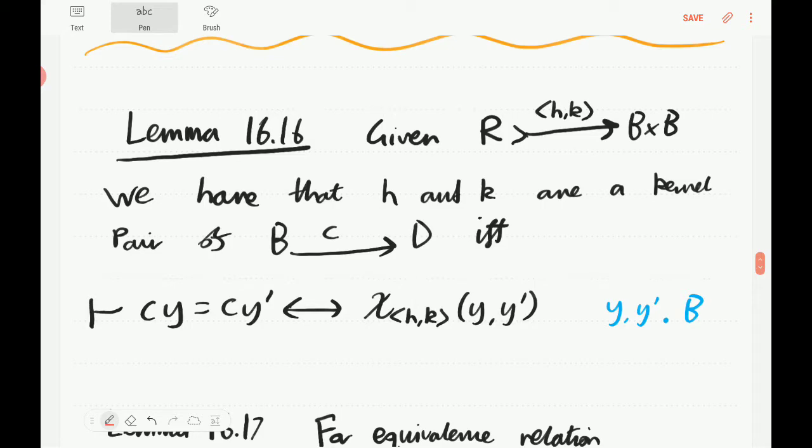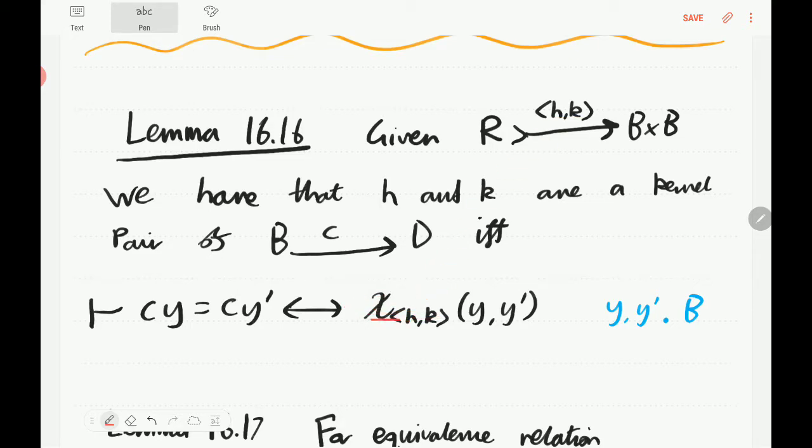So our next lemma, lemma 16.16, says that this relation ⟨H, K⟩, the sub-object of B times B, is going to be a kernel pair of this arrow C from B to D if and only if we have, and it's always true, that Cy equals Cy' is equivalent to saying that y and y' are in this relation here.